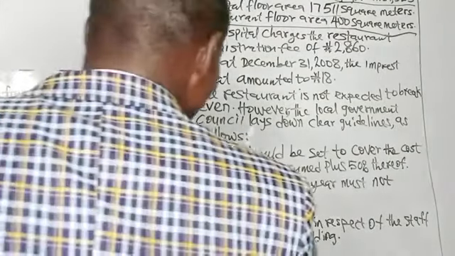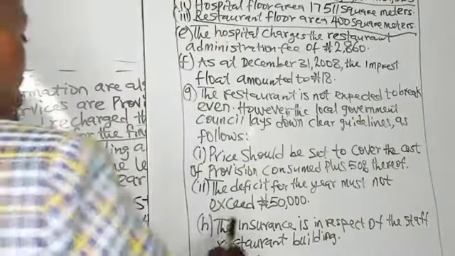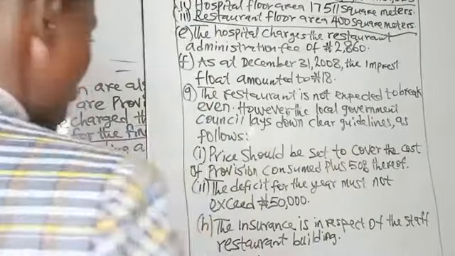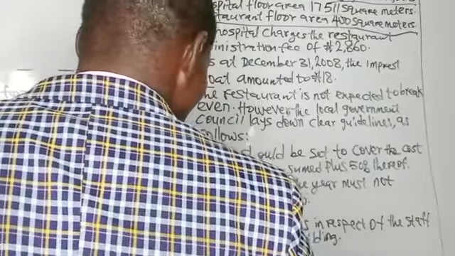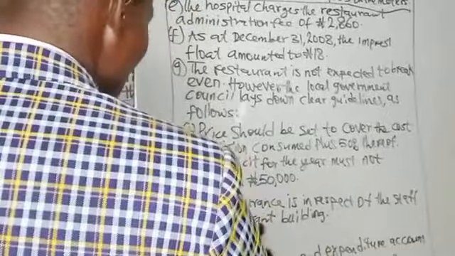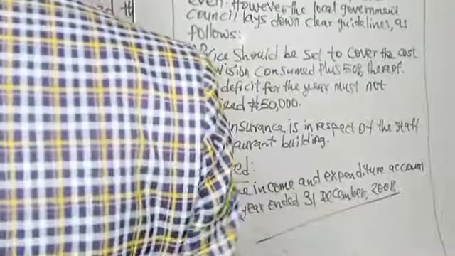The deficit for the year must not exceed 50,000. That is the condition. The insurance is in respect of the staff restaurant building, so it relates to the restaurant.